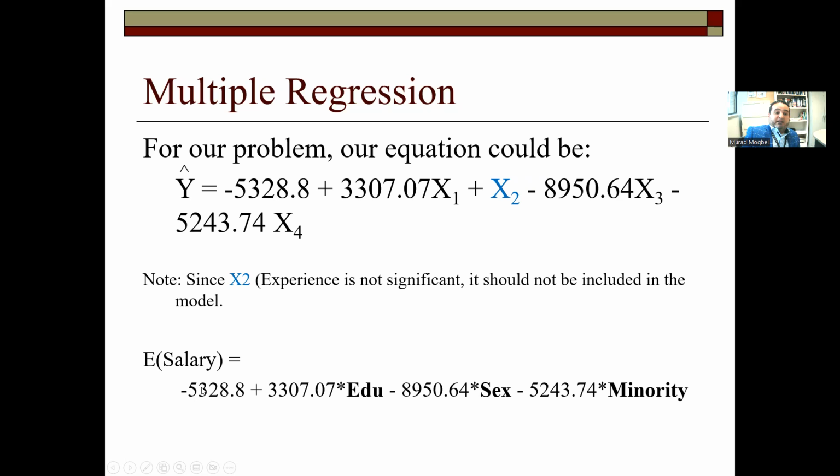So it is telling us that if there is zero education, no gender, or no minority, so the 0, 0, then the expected salary is going to be negative 5,000.